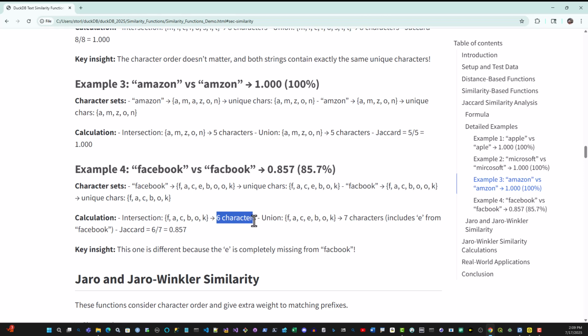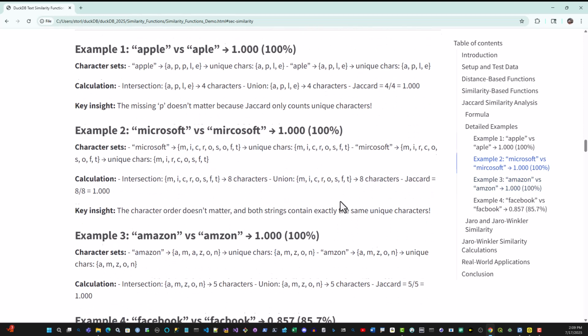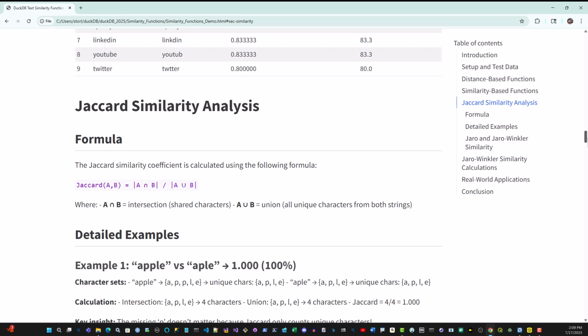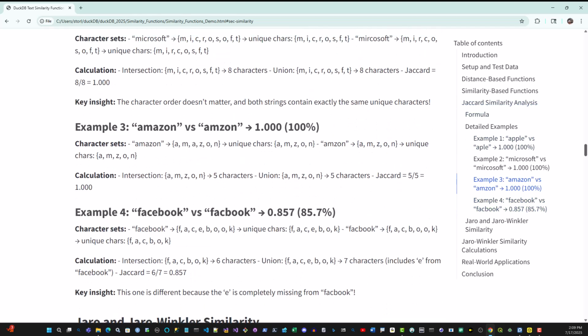So what about the union? The union is not 6 characters, because you need to add whatever's missing, and this word has an E in it and this one doesn't. So you have to add the unique characters plus this extra E, and that becomes 7 characters, as you can see down here. Therefore, the calculation becomes 6 for the intersection over 7 for the union. That's 0.857, or 85.7% for Facebook. So that's how you calculate the Jaccard, however you pronounce it. That's how you calculate that formula.